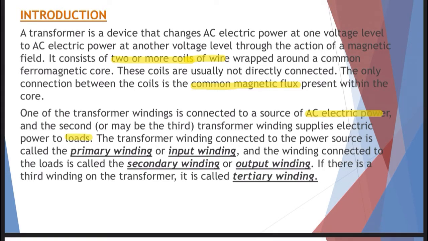The winding connected to the power source is called the primary winding or input winding, and the winding connected to the loads is called the secondary winding or the output winding. If there is a third winding on the transformer, it is called a tertiary winding.